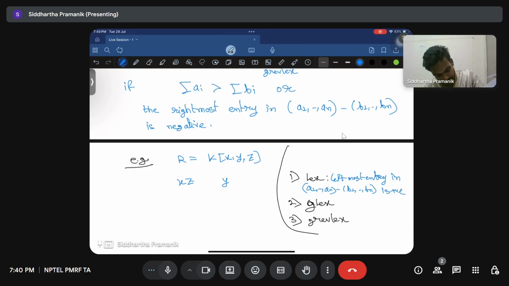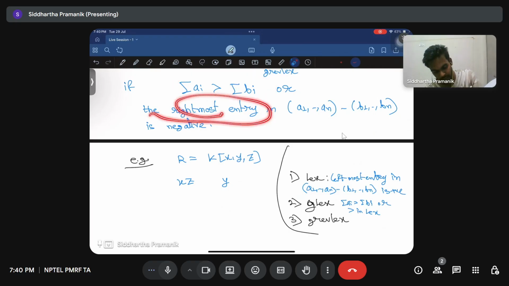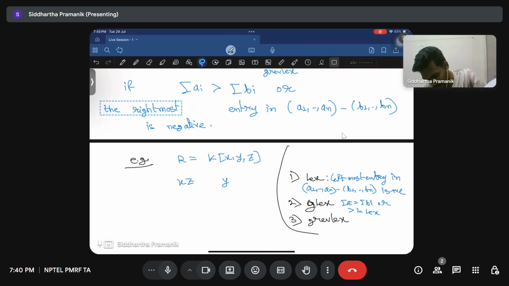Glex is either the total degree is bigger, or it should be bigger in lex, meaning the leftmost nonzero entry in the difference vector is positive. And grevlex is either the total degree is bigger or the rightmost nonzero entry is negative. Sorry, I should be precise: the rightmost nonzero entry, and here also the leftmost nonzero entry.